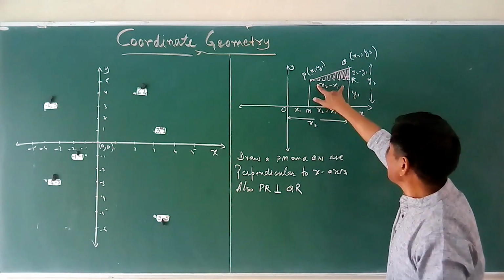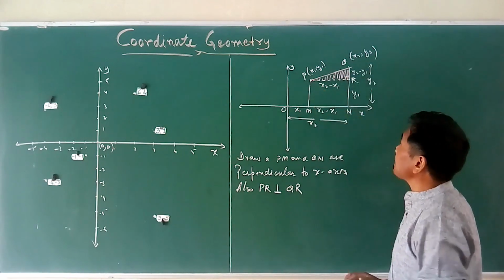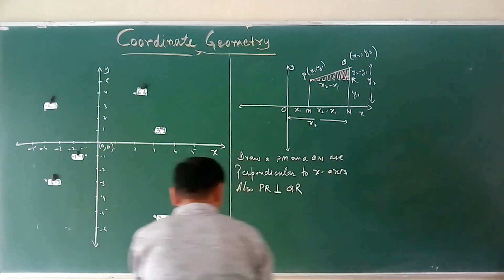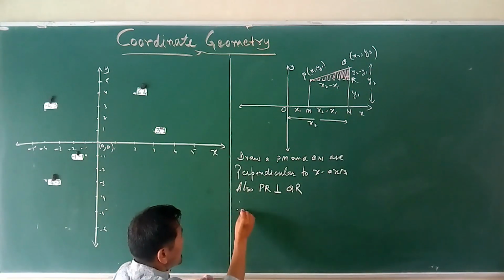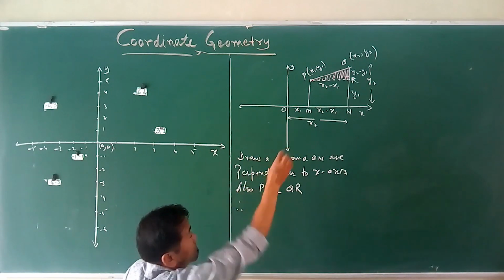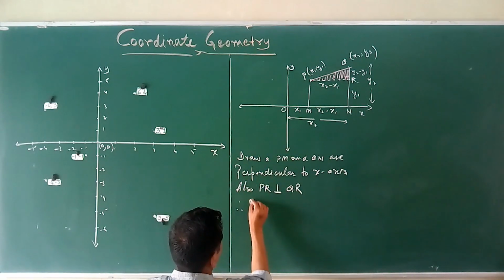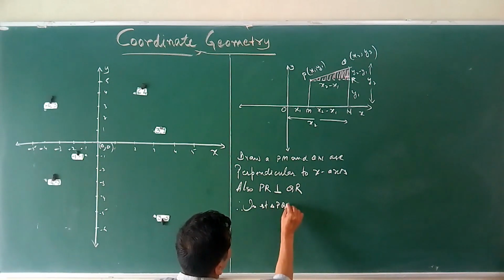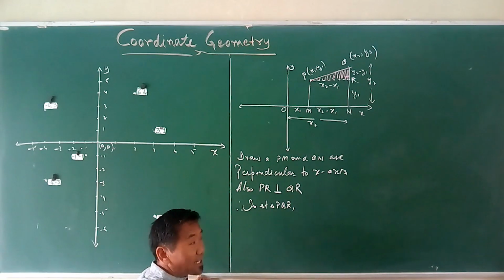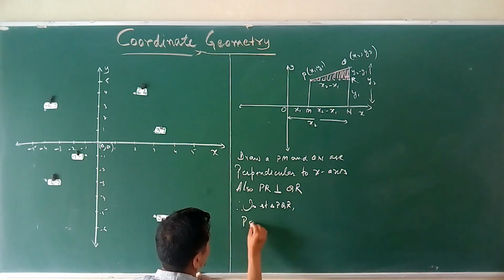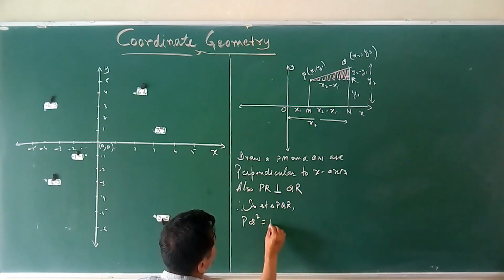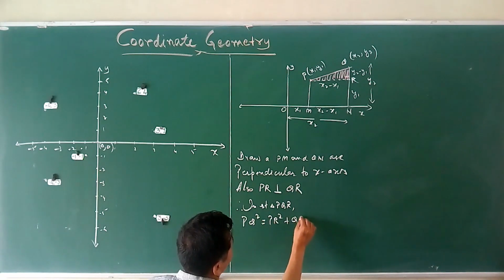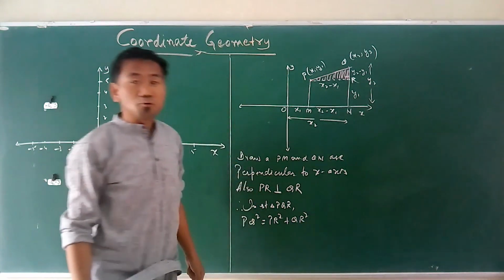In right angle triangle PQR, PQ square is equal to PR square plus QR square.